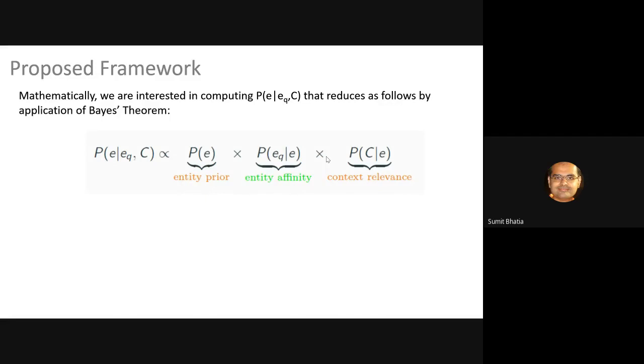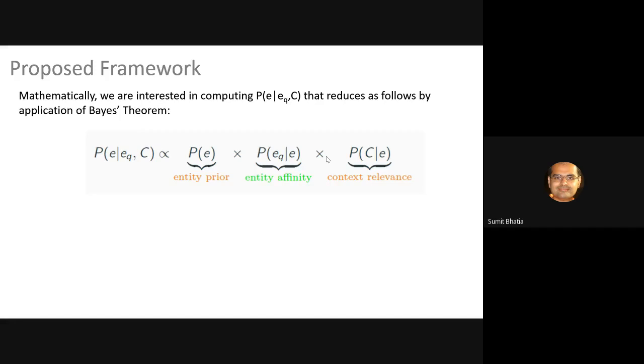Okay, so where were we? Yeah, so we were at this P(E given EQ). It is essentially saying what is the probability that entity E is important for the input entity EQ, which is called entity affinity.